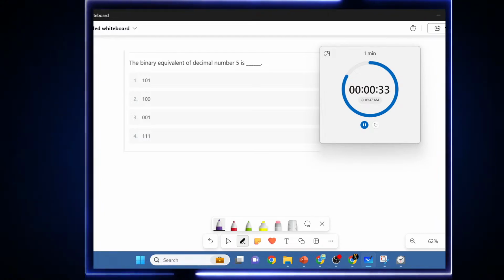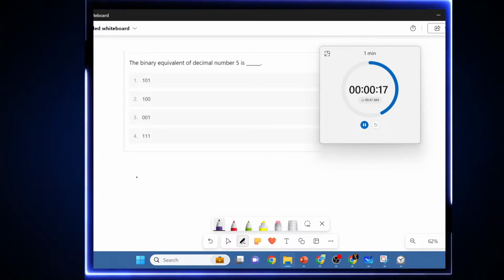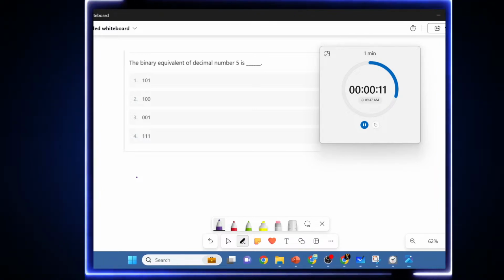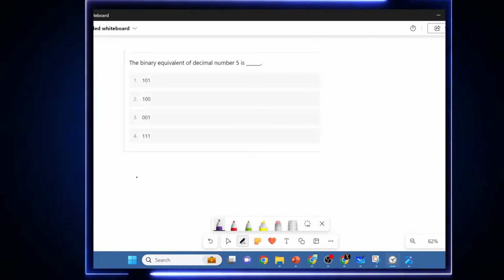You need to be able to solve this in like 10 seconds. Okay, 40 seconds are done.